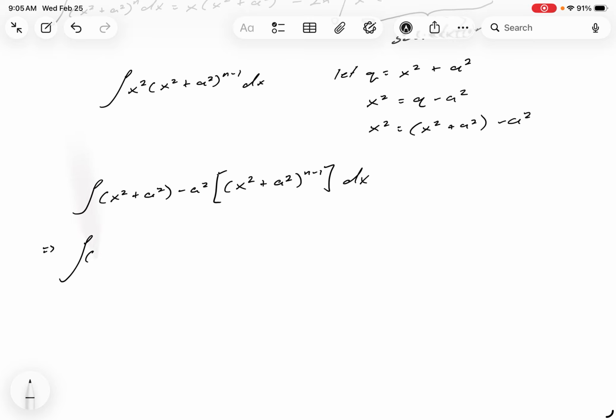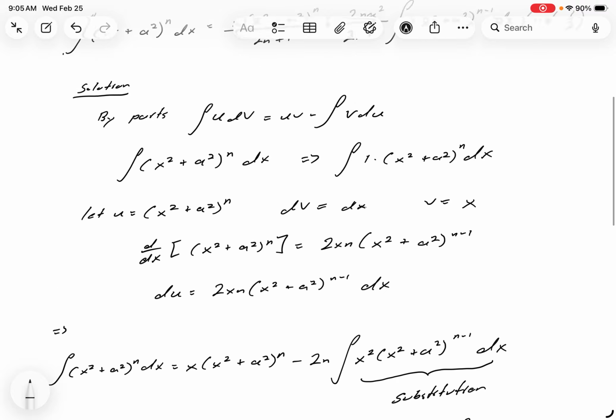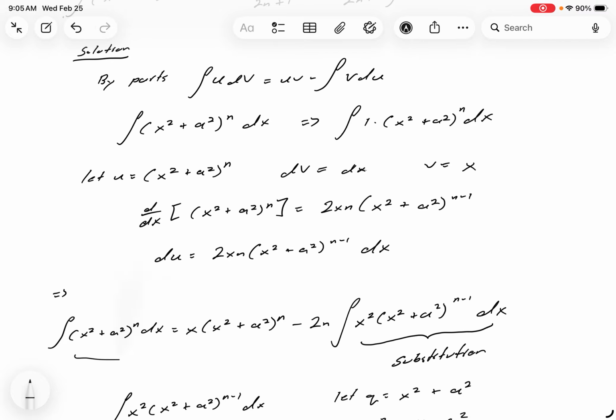The integral of x squared plus a squared to the nth power dx. Let's write small since it's going to be a little long. So remember, we're just rewriting the whole thing, right? We're writing this whole thing plus what we found out, with this integral right there. Let's go ahead and do that.